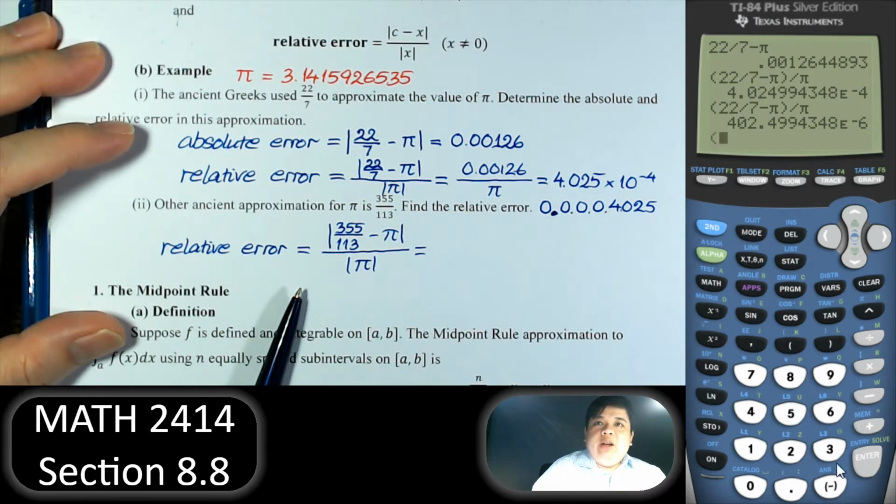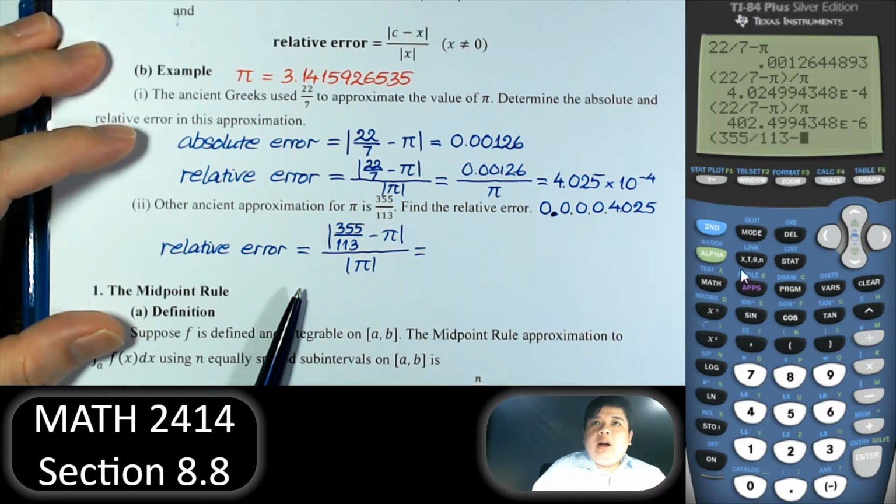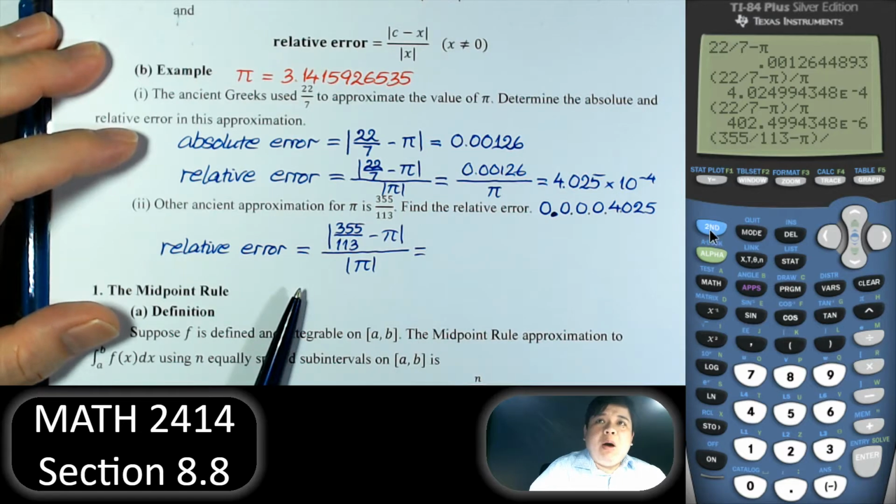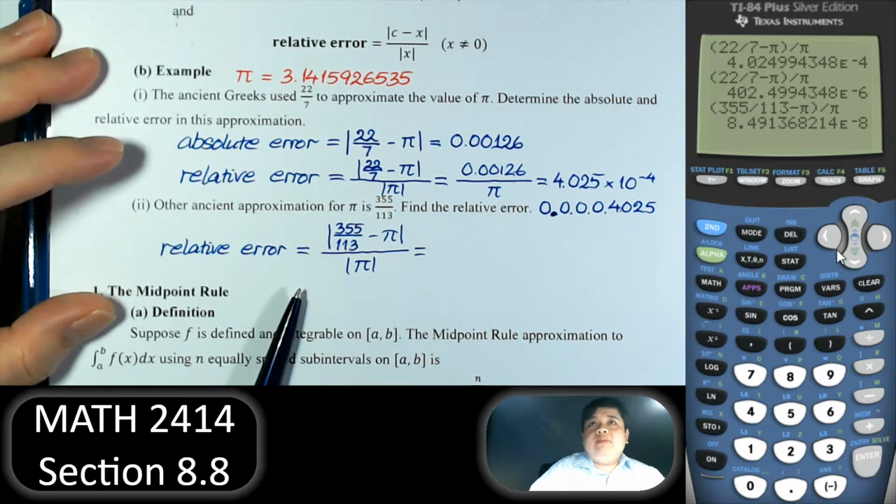So we have 355 divided by 113, subtract pi, divided by pi. Make sure you have the parentheses, divided by pi. Right, we have that.